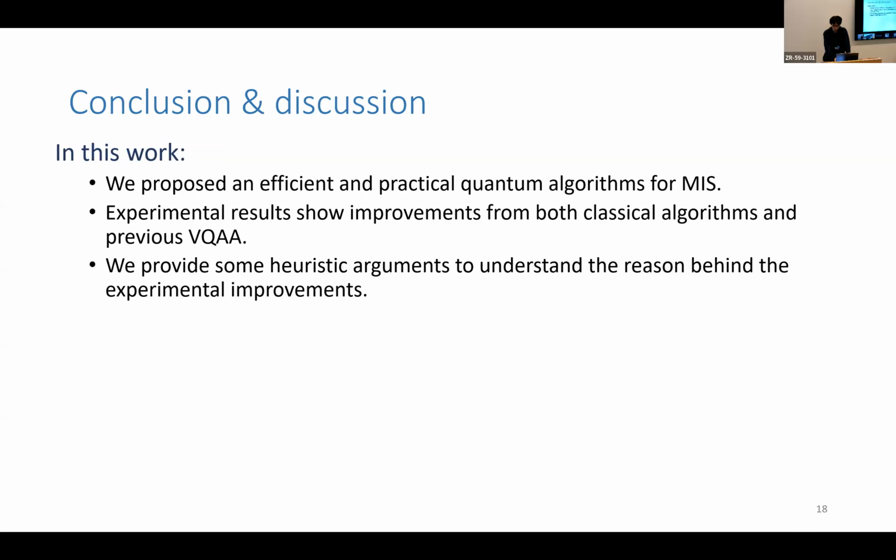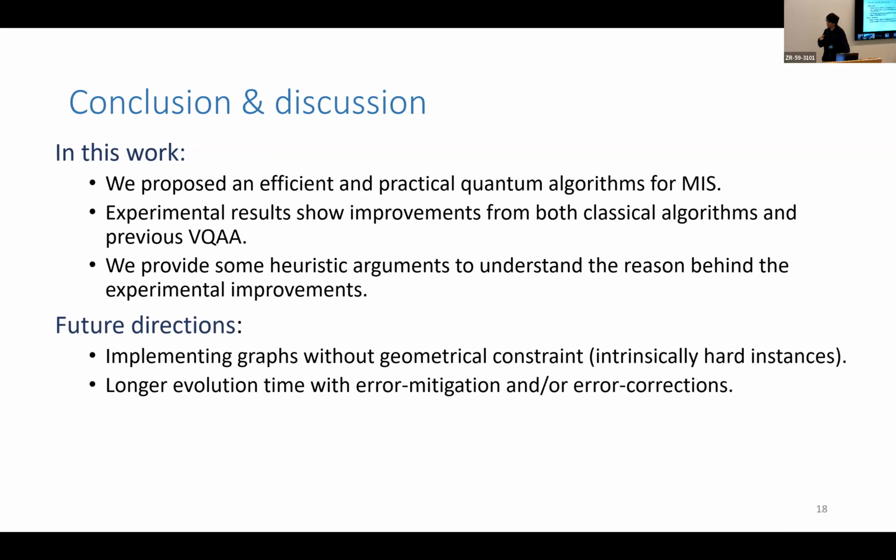Okay, so I hope I have made it clear that our new protocol has some improvements over the previous quantum algorithm, and both of them have some improvements over the classical algorithm.